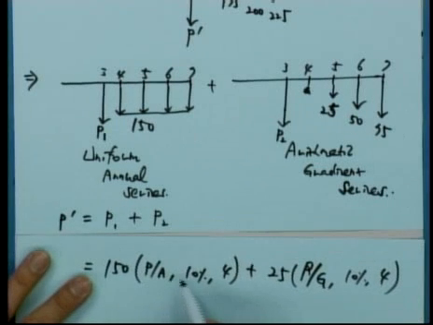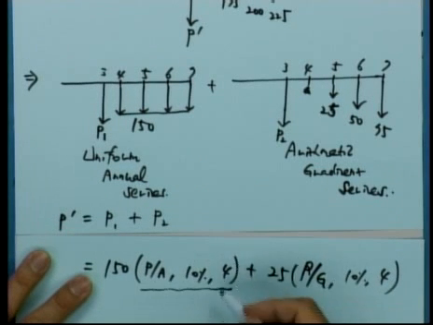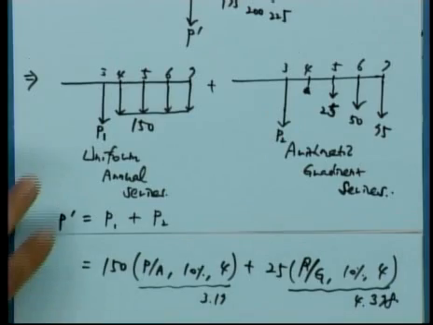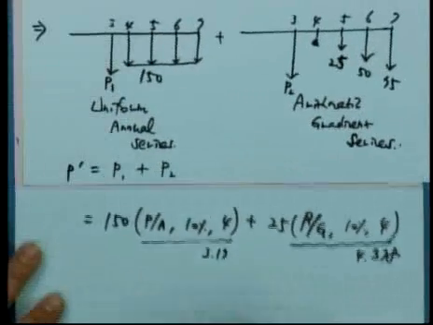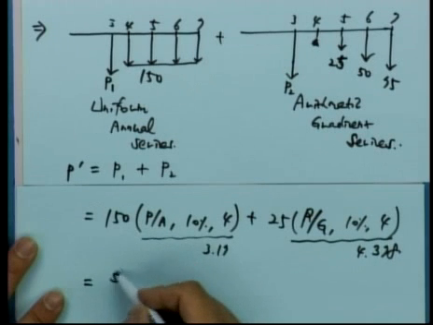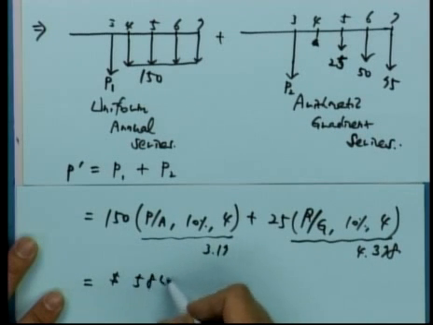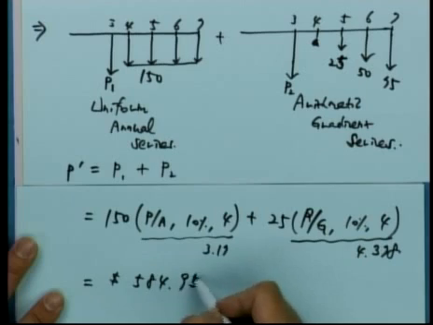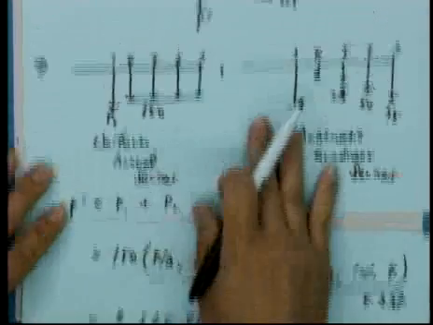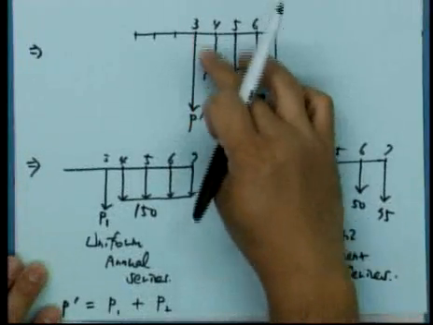And this factor value is 3.17, and this factor value is 4.378. Is that right? So we have $584.95 as the P prime value at the end of period 3.